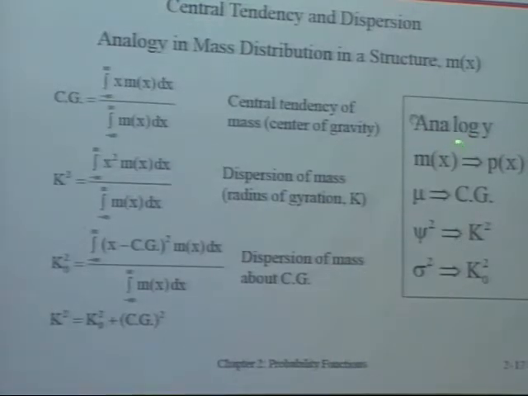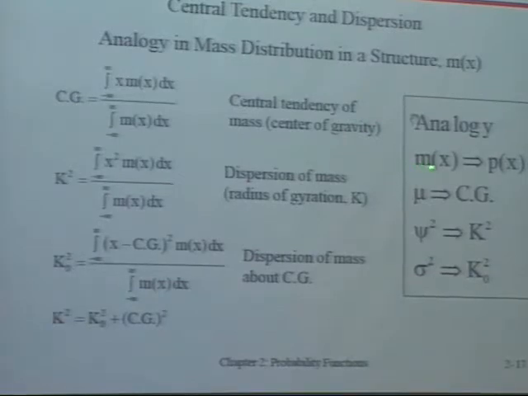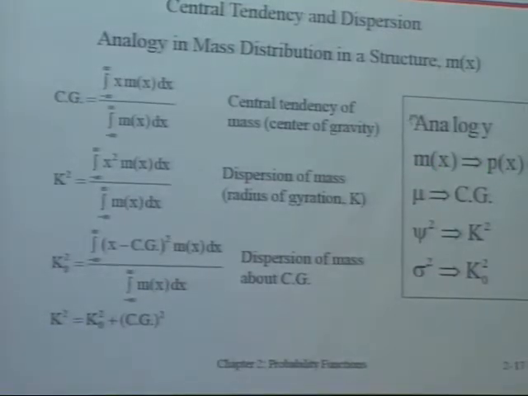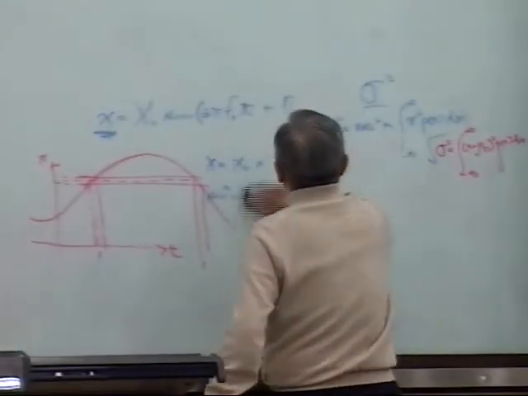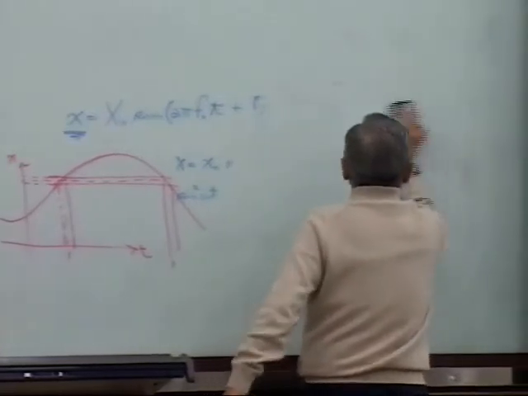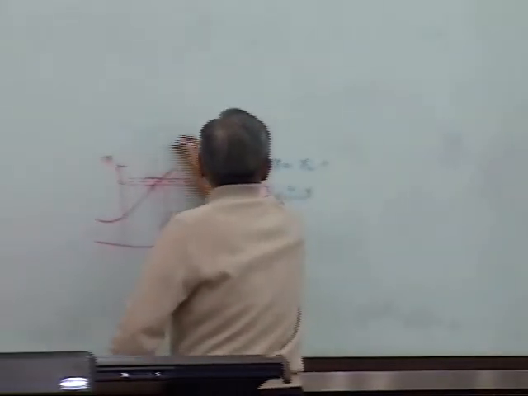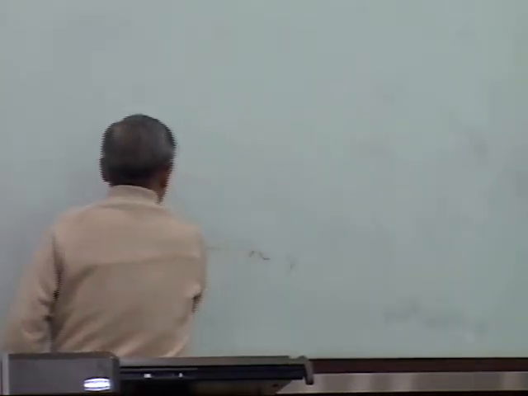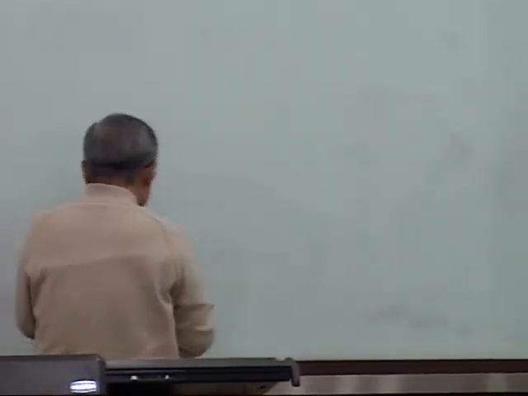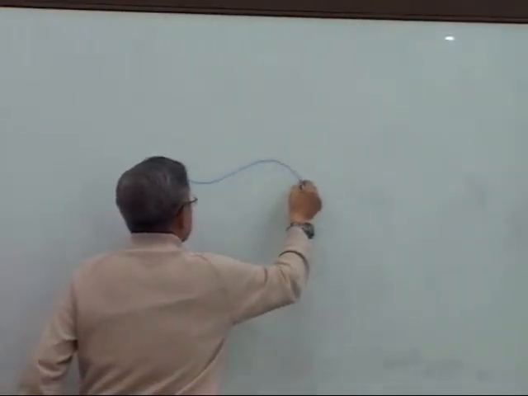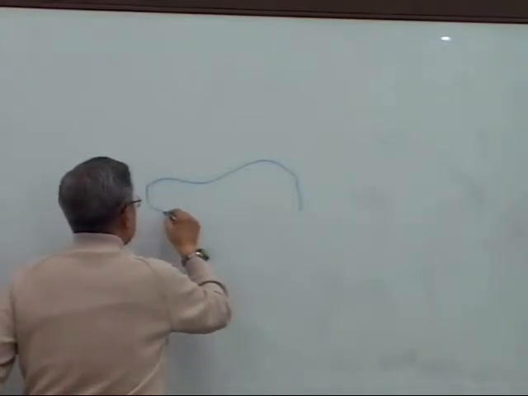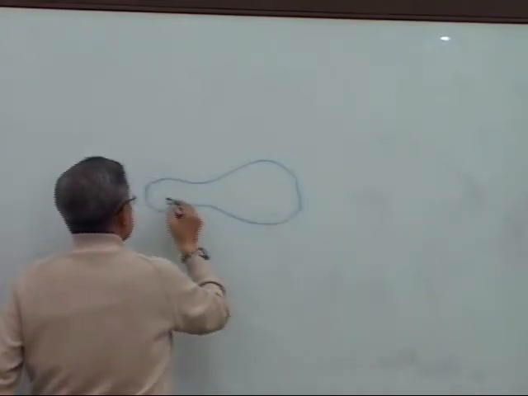And analogy-wise, this mass distribution is similar to the probability density function. The mass distribution is a function of x. So what does it mean, function of x? It could be like this.